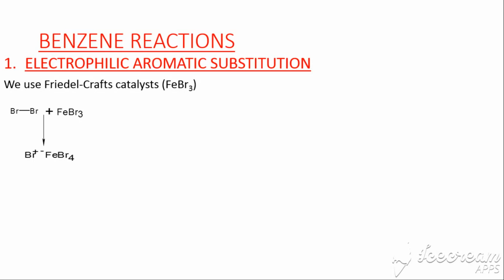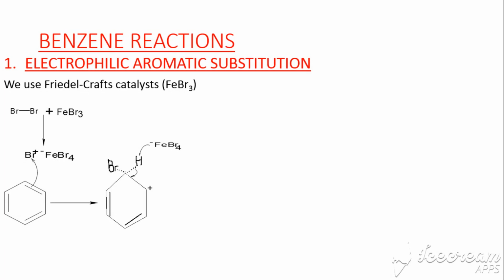Then this complex will act as my electrophile, meaning that my benzene will now be my nucleophile. An electron pair from the benzene will attack the positively polarized bromine, forming a carbon to bromine bond and leaving the non-aromatic carbocation.